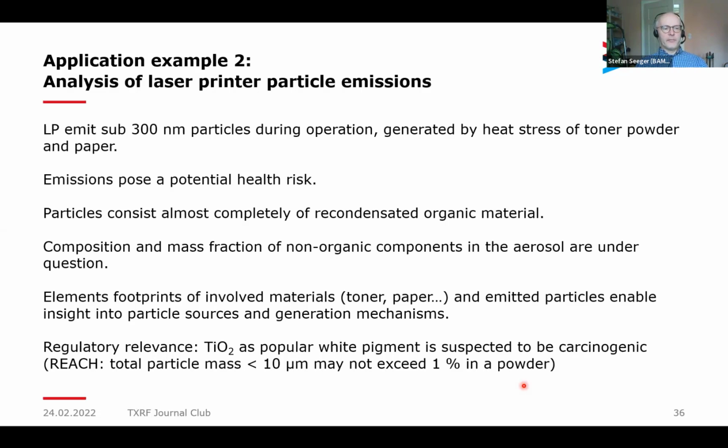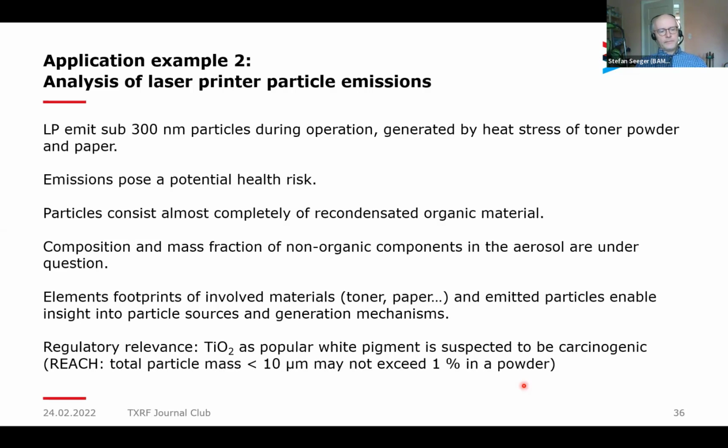Of course, these emissions pose a potential health risk, and that is why we care about it. These particles consist almost completely of recondensated organic material, and the question arose which mass fraction non-organic components have in the aerosol.